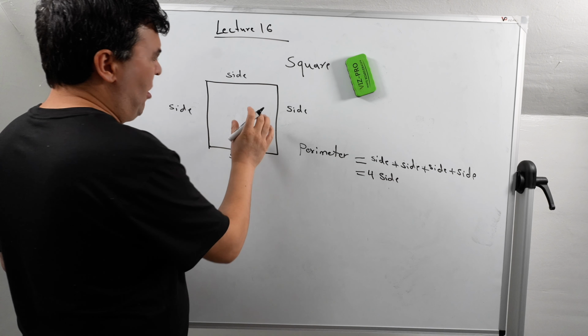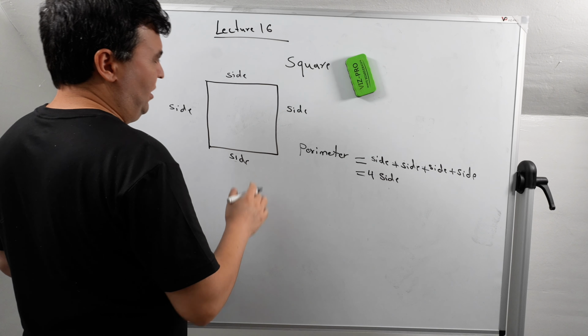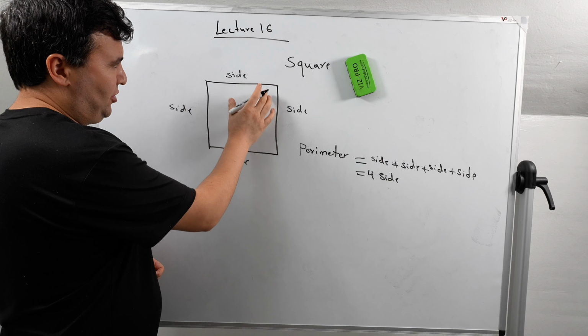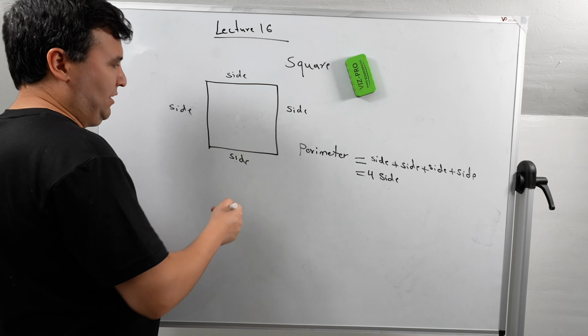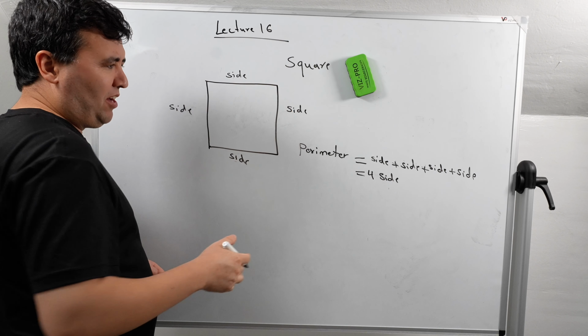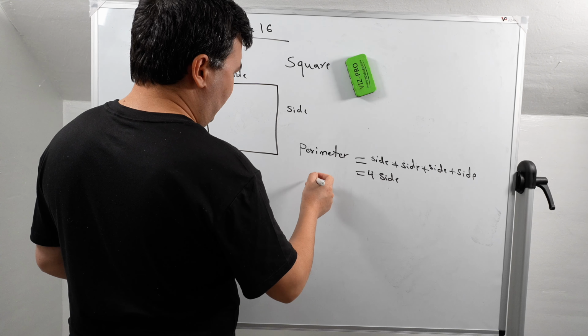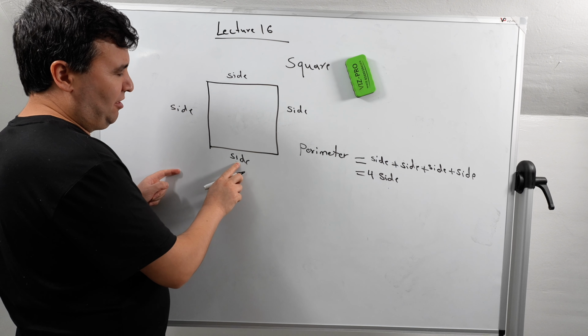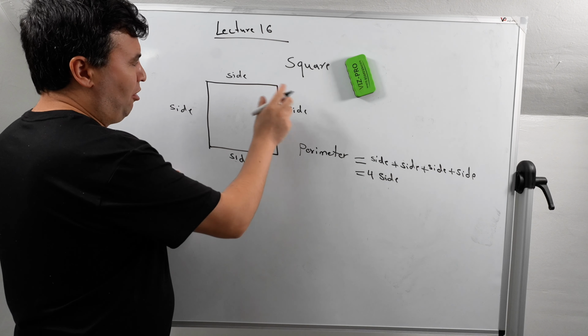And also, if you want to calculate the area of the square, the area is height times width. So we multiply the height of this shape, the square, with the width. Because all the sides are equal, if we consider this side as the height and this side as the width, the area becomes side multiplied by side.